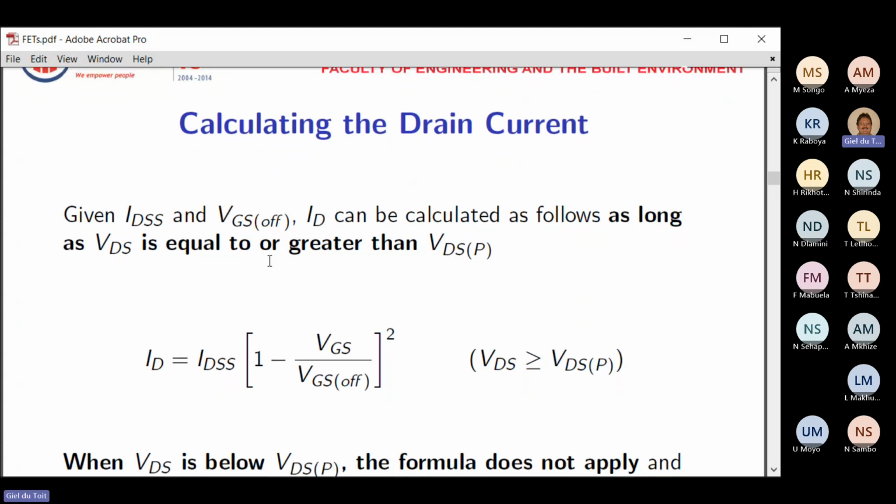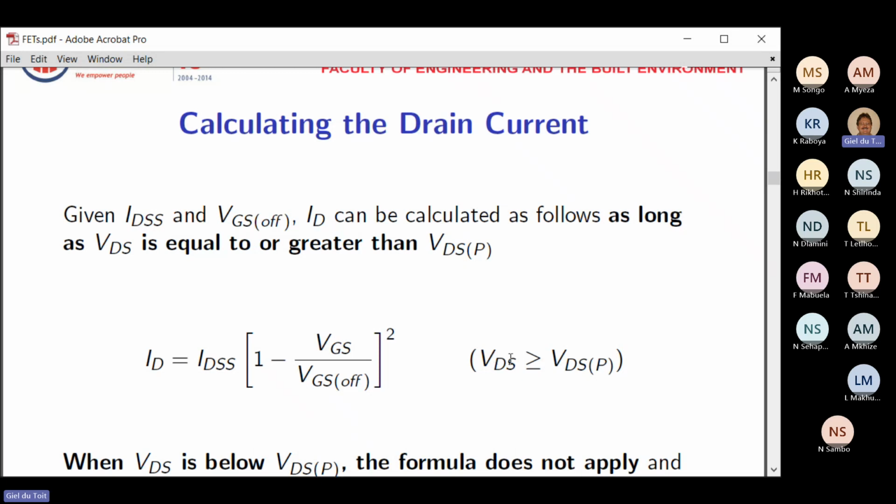It's a rather long formula, but basically it gives the drain current. We can calculate that. So it's 1 minus the voltage on the gate divided by the gate source voltage when it's off. And we multiply that, and then we can calculate the drain current.